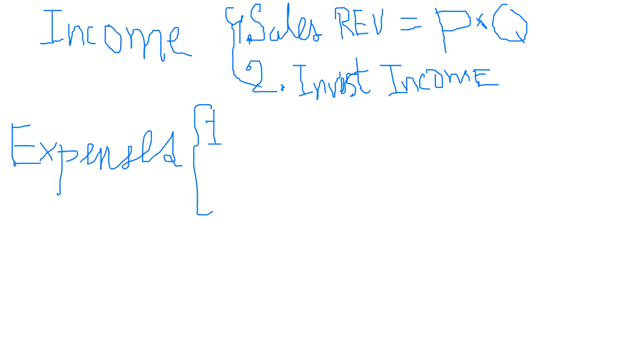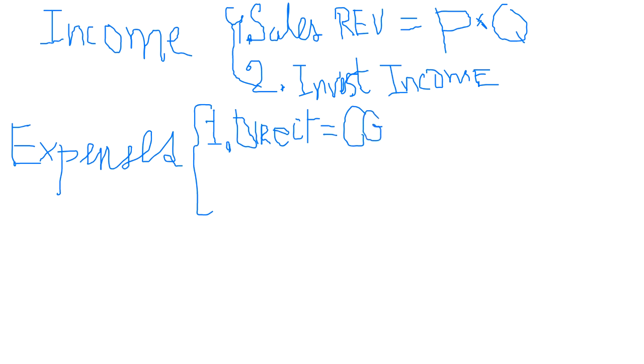Also, in expenses, there are two broad categories. One is direct cost, which is also called CGS.